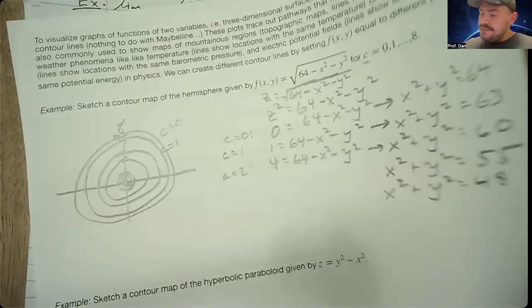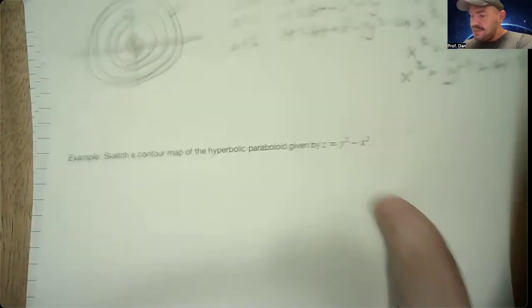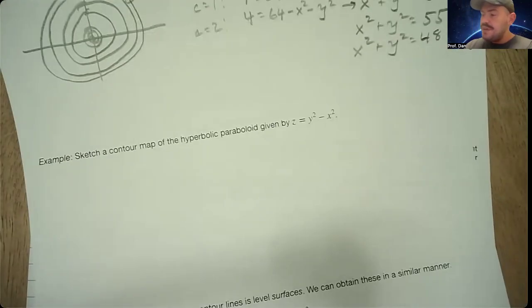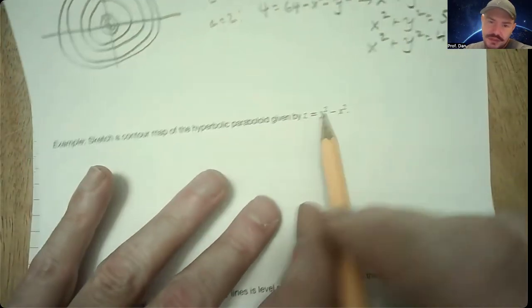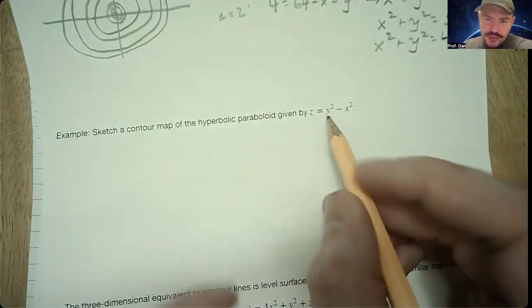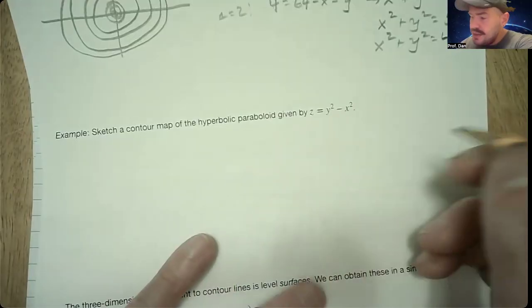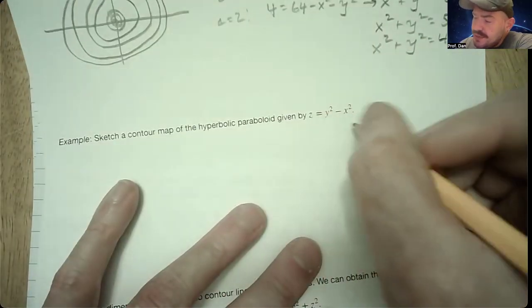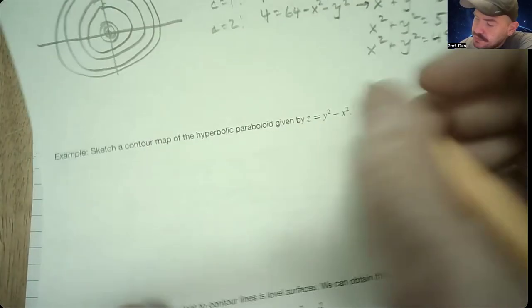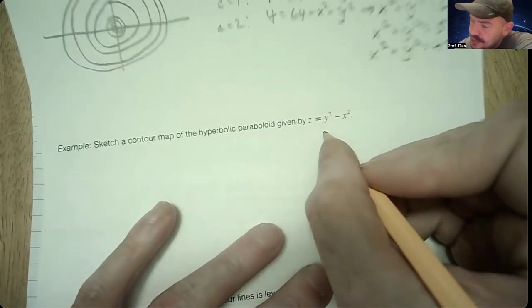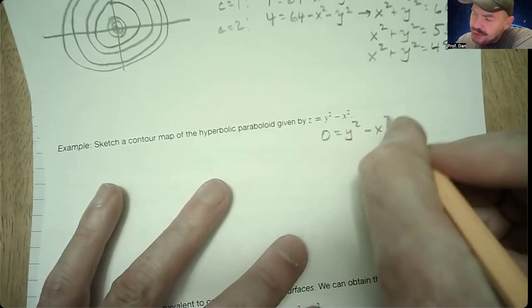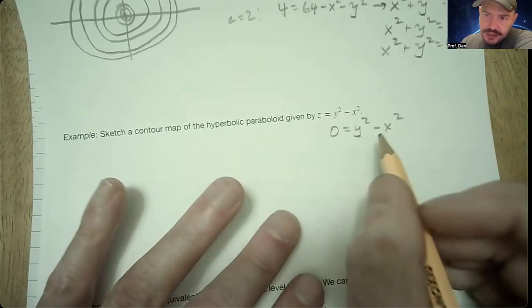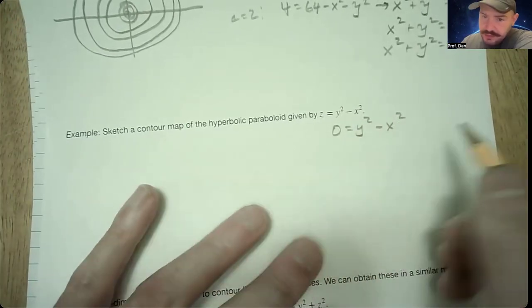Let's look at another one. So we want to sketch a contour map of the hyperbolic paraboloid given by z equals y squared minus x squared. So again, we want to start off with z equal to 0. And then we want to rearrange this to look like something that we know the graph of.